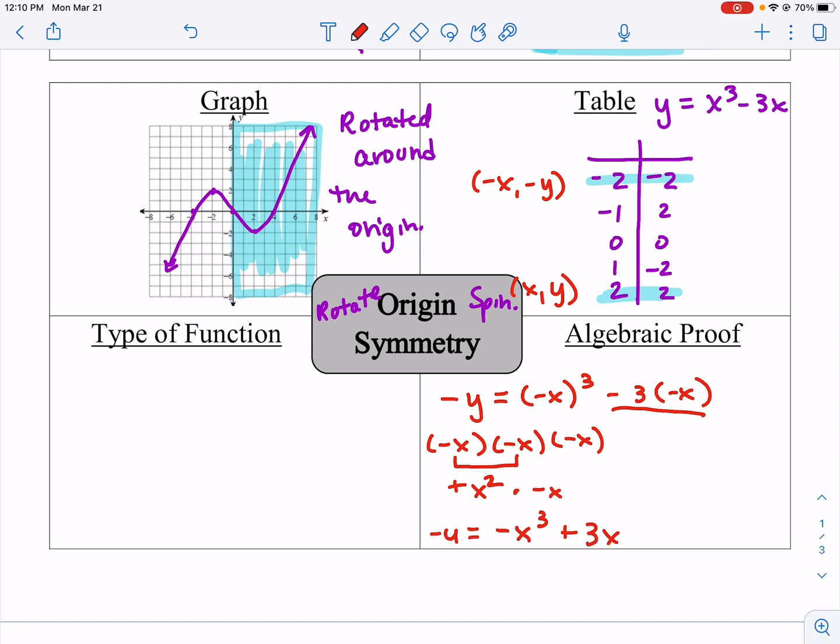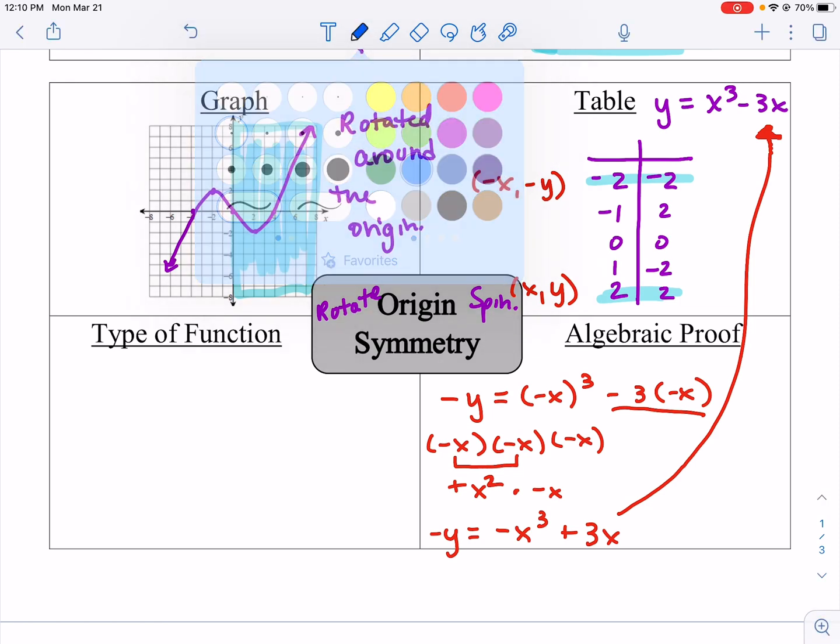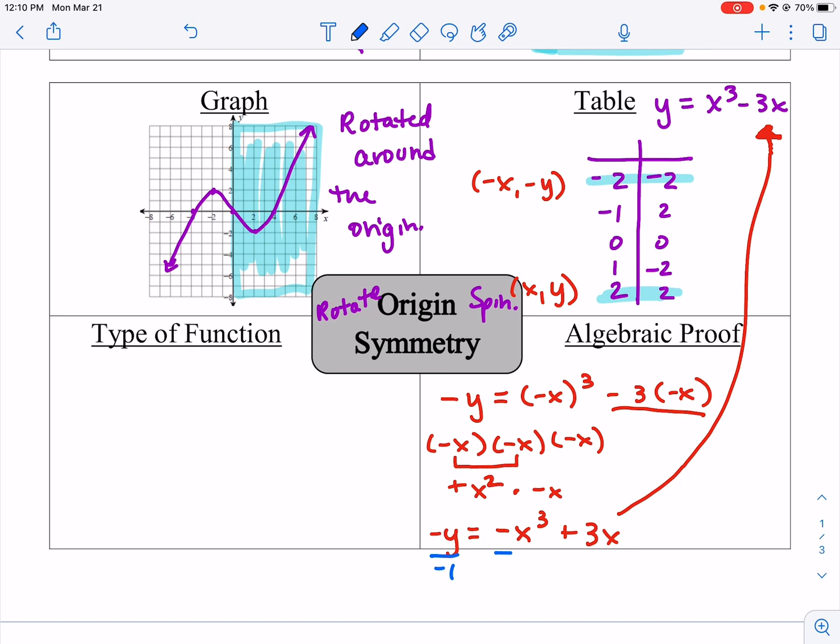And that equals -y. But we're trying to see if we can map this to the original. We're trying to see, can we get this back up to here? And so I want to figure out what y is equal to when it is positive. So I'm going to divide everything by -1, which all that really does is change signs. So I get y equals x cubed minus 3x, which in turn is identical.